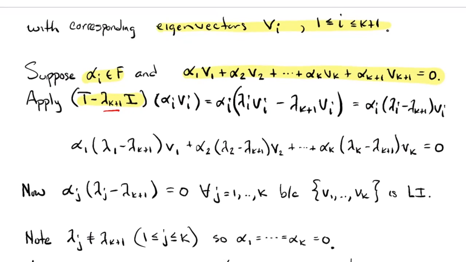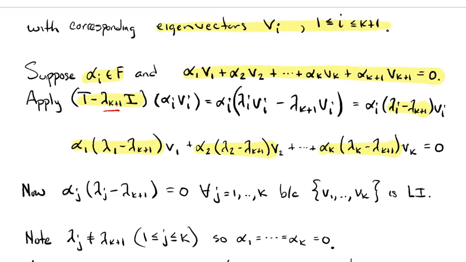Well, it's a linear operator, so you push it through the sum. And so what do you get? Here's what you get when i is 1: you get alpha 1 times that quantity times v1, when i is 2, and so on, up to i equals k. But why no k plus 1? Well, if i is equal to k plus 1, lambda k plus 1 minus itself is 0. So the last term vanishes.